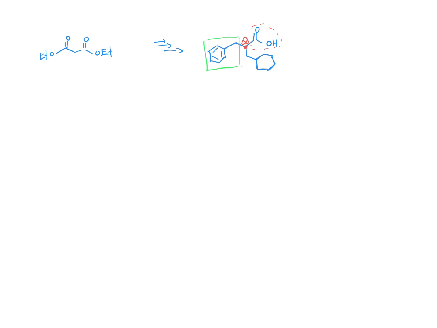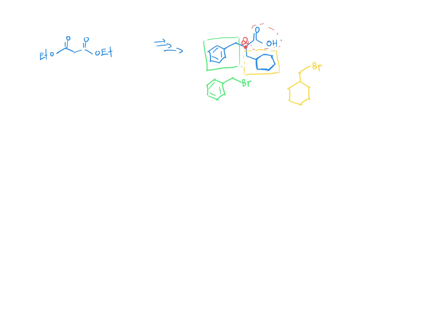In order to introduce that group, we have to have a primary alkyl halide. So this is the first one I can use. The second alkyl group I introduce here is this group right here. Coming to the carbon, we have this, and then one more carbon right here, and then we are going to use this primary alkyl halide.